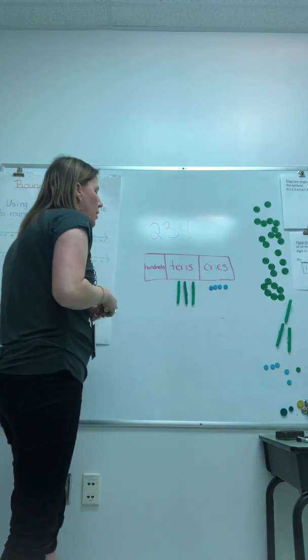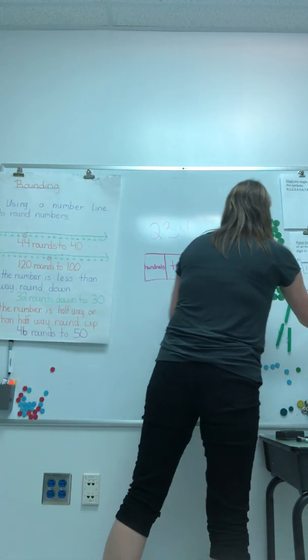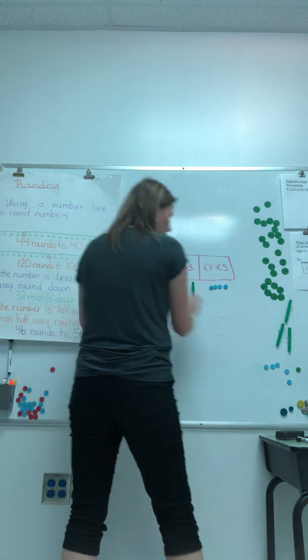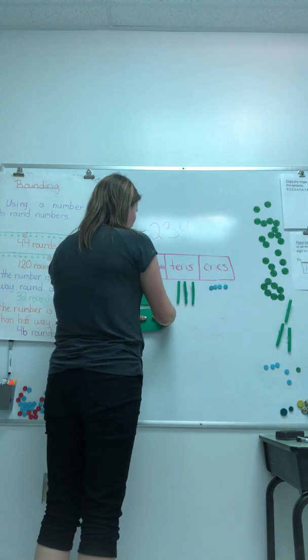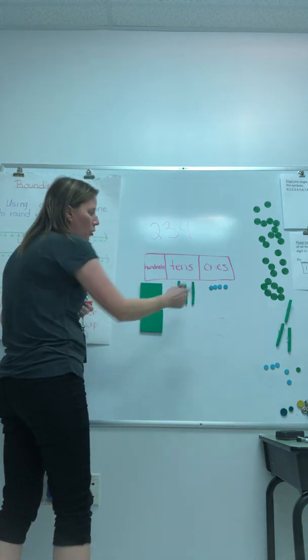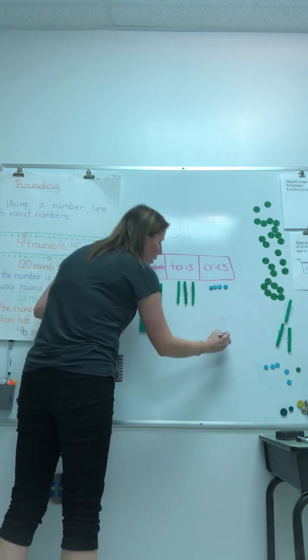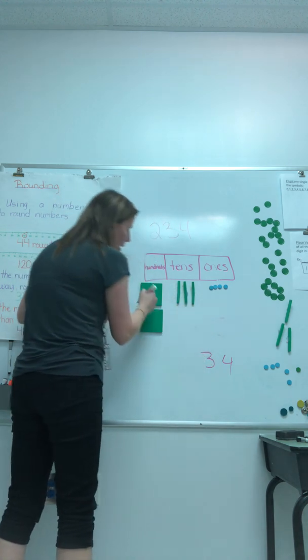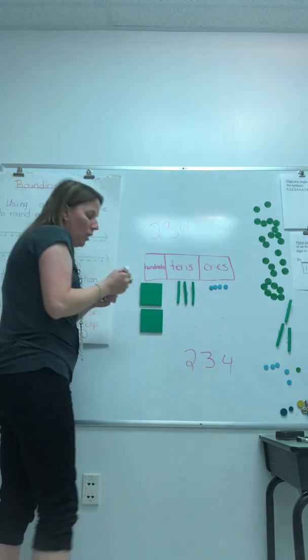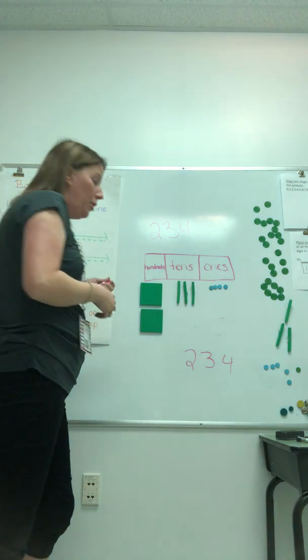And the number in the hundreds is 2. 2 hundreds. So 1, 2. And again, we can go ahead and check to make sure our answer's right. 1, 2, 3, 4. 4 ones, 1, 2, 3, 3 tens, and 1, 2, 200s. So the number is 234.